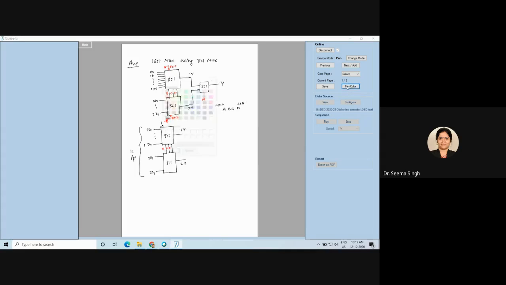Nobody is applying their head. Okay, anyway, I will tell you, I can't spend more time here. What we will do is, we will connect our A here, and with the NOT gate, I will connect this A to this.